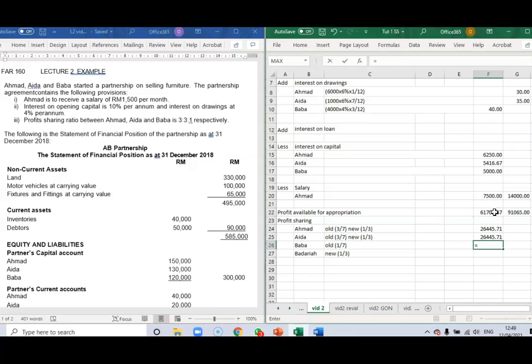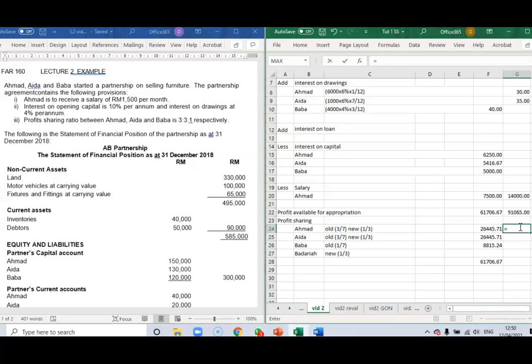However, Baba's profit for pre is multiplied with 1/7. If you calculate the total, it should be the same as the profit available for appropriation, 61,706.7. And the new one, I don't know yet because she's new.